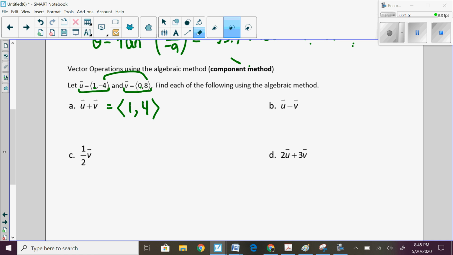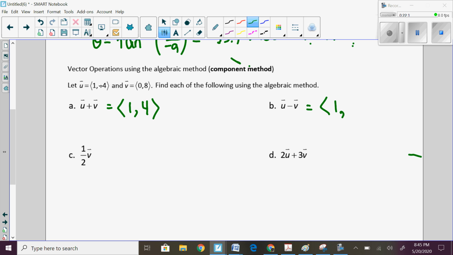Okay, and that is the sum of those two vectors in component form. We can also subtract. So we have u minus v. So we have 1 minus 0, which is 1, and -4 minus 8, which is -12. Okay?